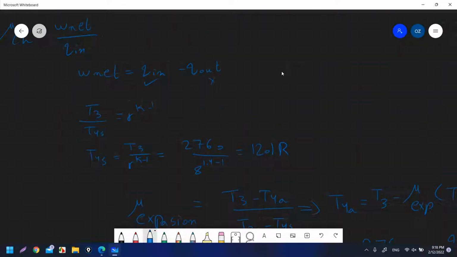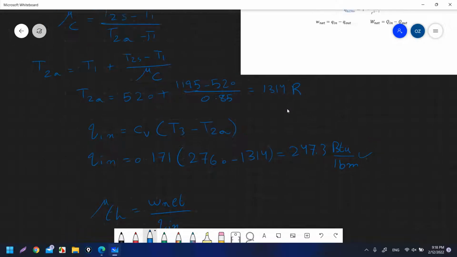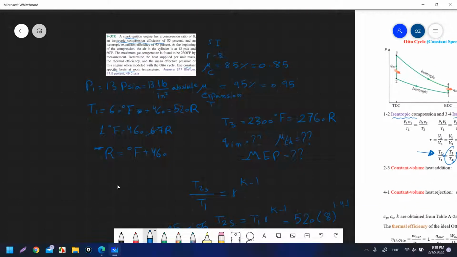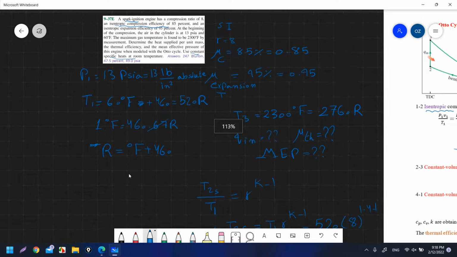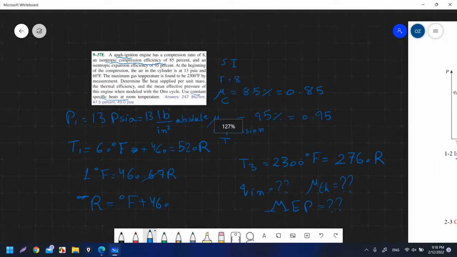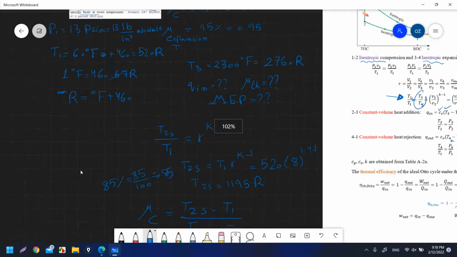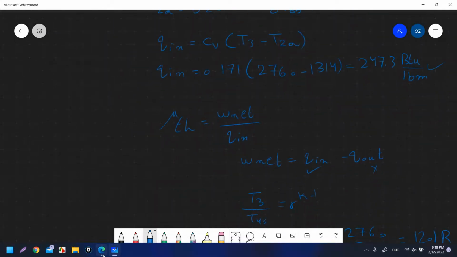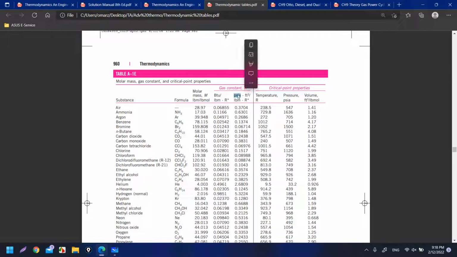Pound per square inch, PSI. Don't care about the units, okay? But for this unit, that is why we will use the R using PSI, absolute, but we don't have the BTU over pound mass.